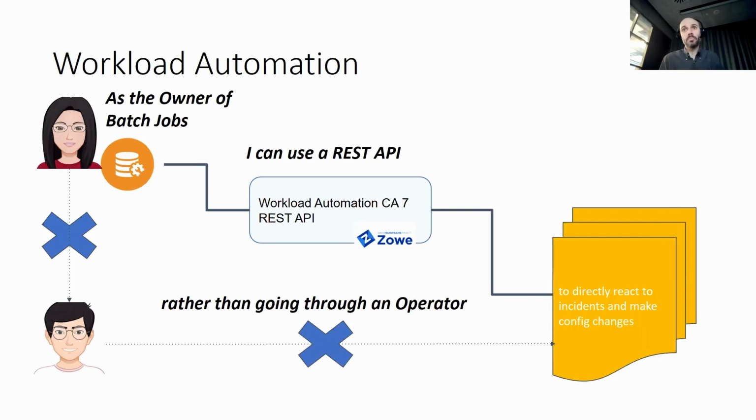Then if you look at this scenario with the CA7 REST API in place, the batch job owner is able to directly react to incidents and make configuration changes without the need to go through the operator.